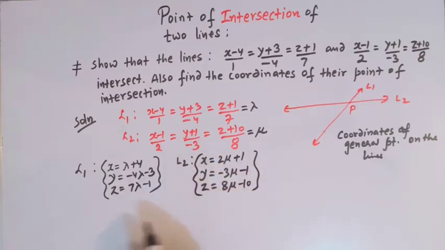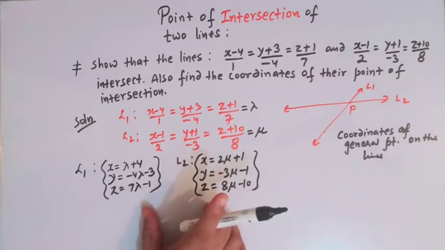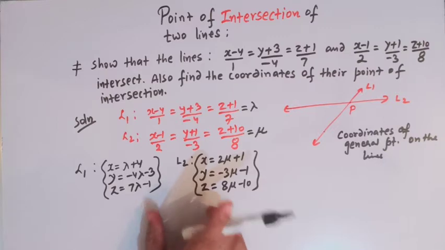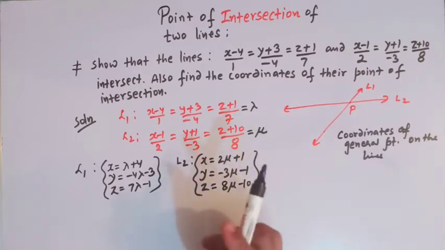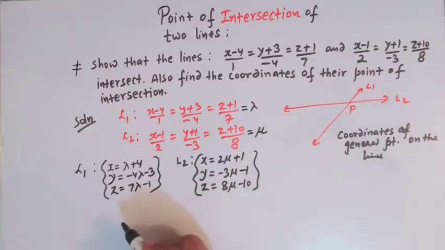Now for some value of lambda and mu, these coordinates must coincide, right? Then only we can say that the two lines intersect, right?